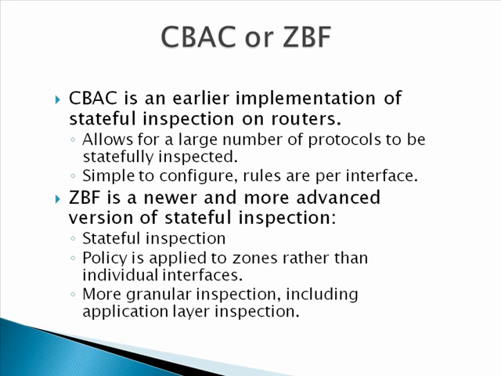Now, the benefits of zone-based firewall, there's a lot more stuff you can do. It's much more flexible with inspection. You can use AND type rules, so you can say, I want to inspect but rate limit this protocol, and this protocol.